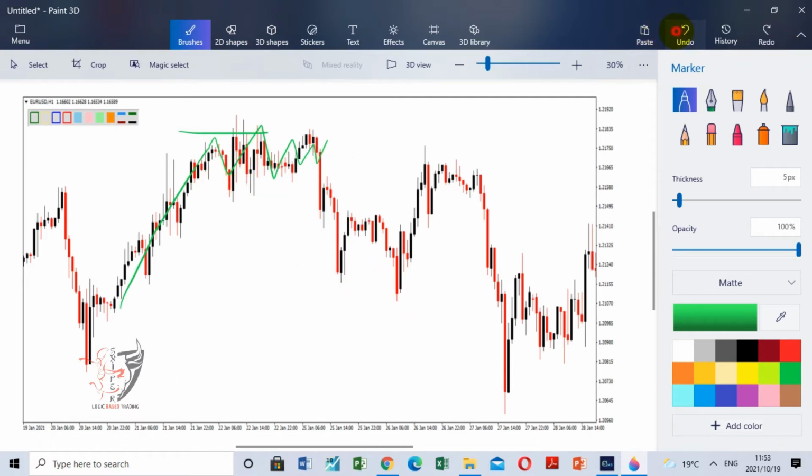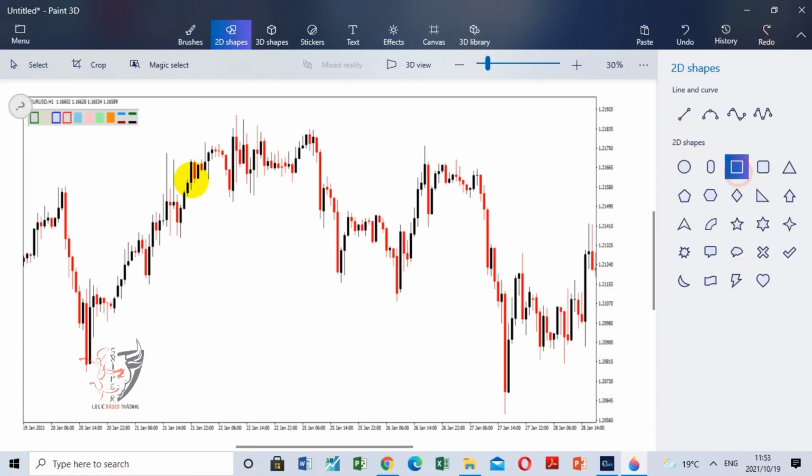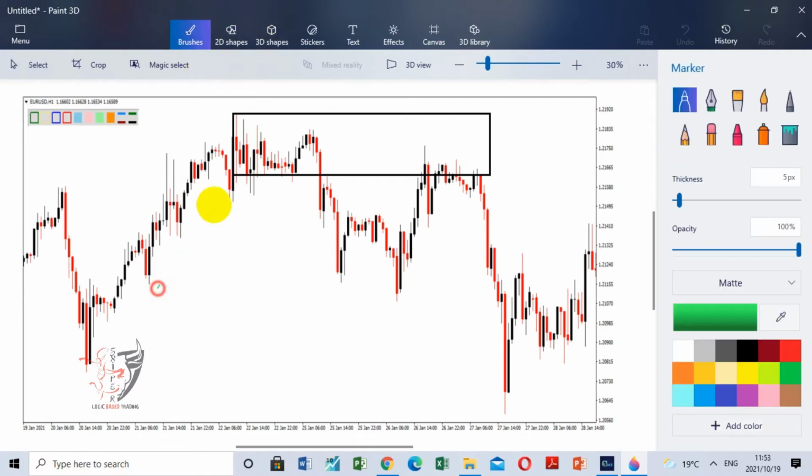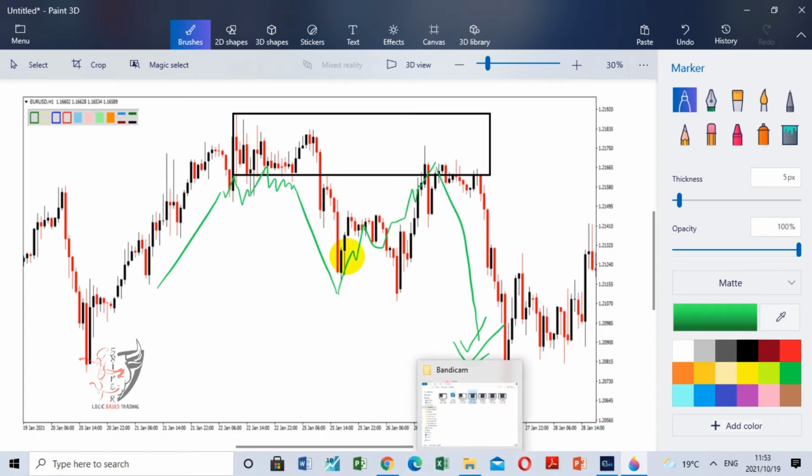So this area here becomes our base. As you can see, price went up, went into consolidation mode, then went down, and then price went back up into the base, reversed, and dropped more. So this chart example is based on our rally base drop reversal base type.